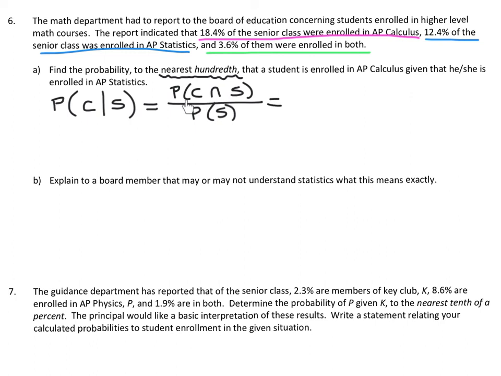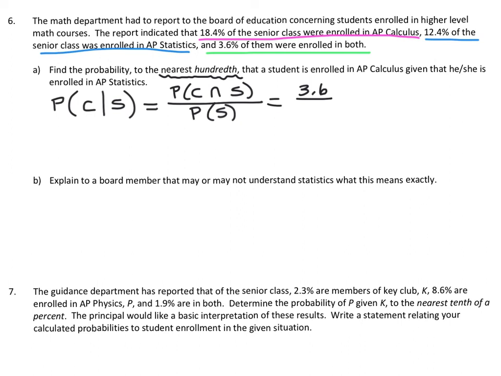Okay, they tell us the probability of the "and," right? 3.6% were enrolled in both. You could just leave that as 3.6 if you want to leave it in terms of percent. If you want to change it from a percent to a decimal and move the decimal place back twice, you can do that as well. I'll write it as 3.6, but if you wrote it as 0.036, that's okay. I'm leaving it in percent form. Then the probability that a student is enrolled in statistics says right here, 12.4% of the senior class was enrolled in AP Stats.